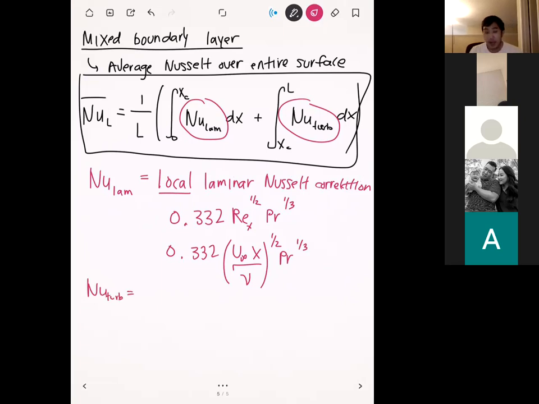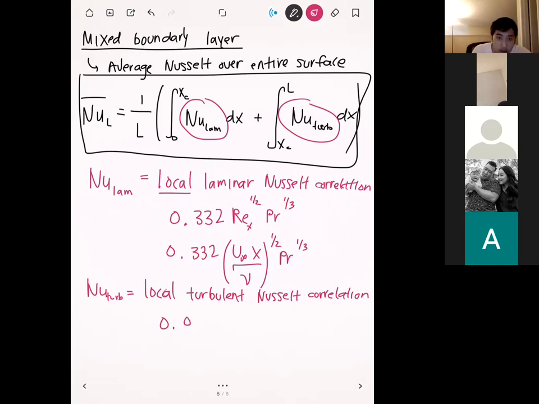Right. And then Nu turb, this is going to be the local turbulent Nusselt correlation. And for this one, you're going to plug in the expression that we had just on the previous page. Right?